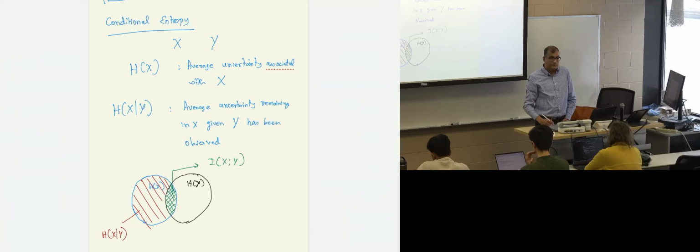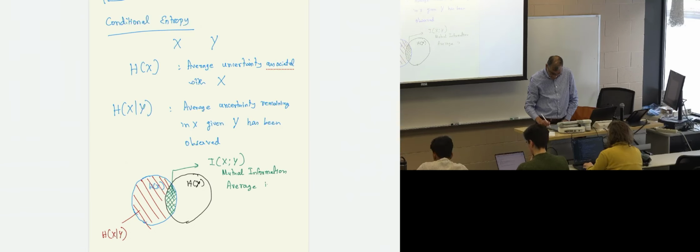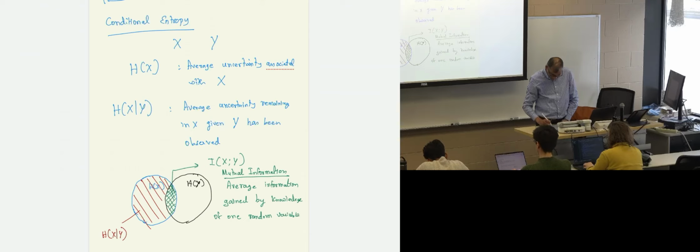So this is really the mutual information, the average information gained by the knowledge of one random variable with respect to another.